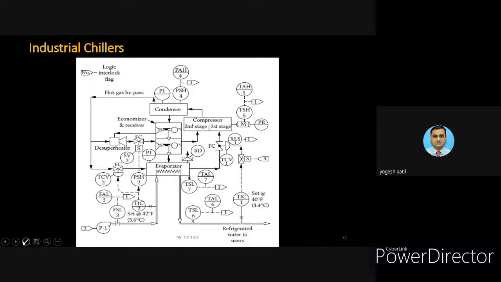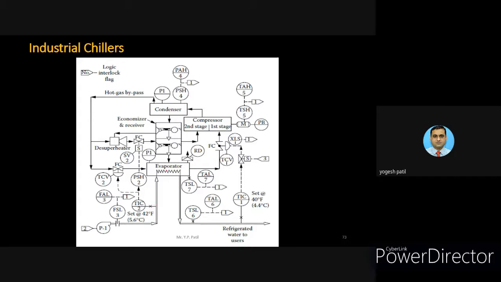Okay, when we focus on one particular loop, for example this, you can see that in this particular loop the pump is connected, and the output of the pump enters into the evaporator. So this is the entrance from the building, right? This particular water enters from the building outlet.